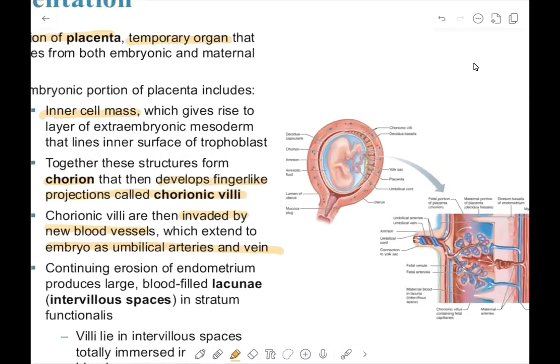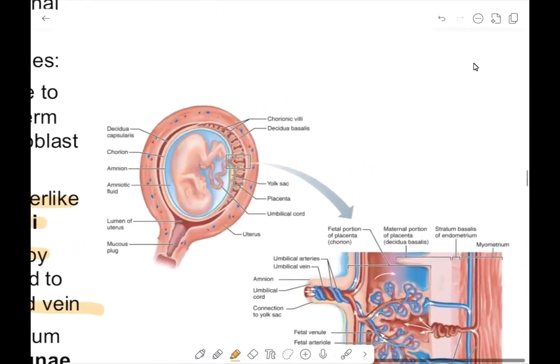So if we zoom in a little bit more here, we can see some of these layers. In this image, we see what's called the decidua basalis and the decidua capsularis.